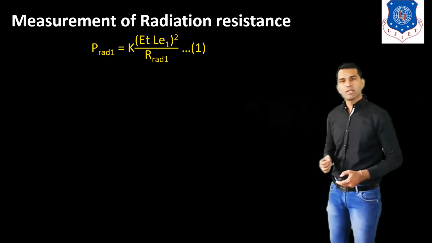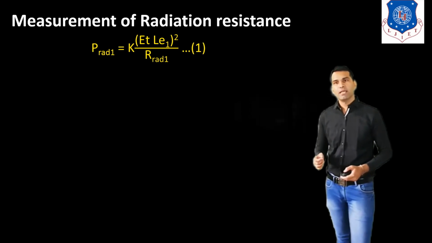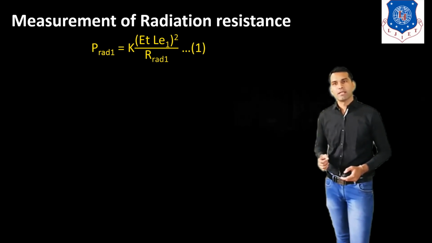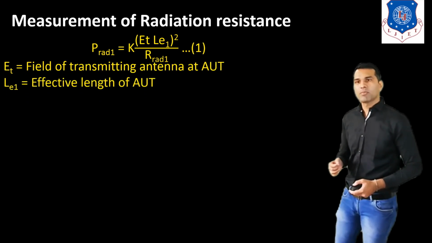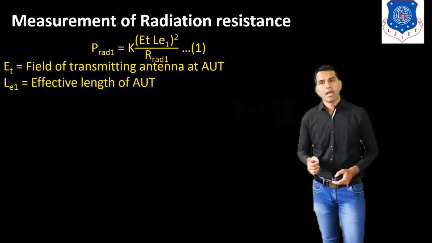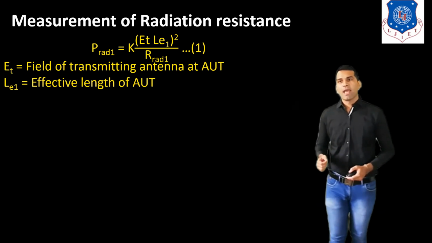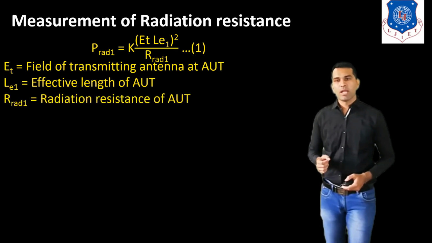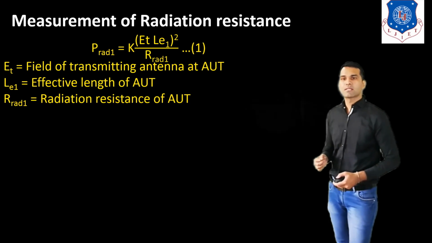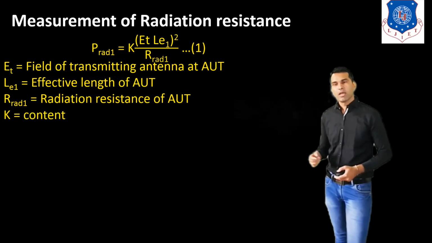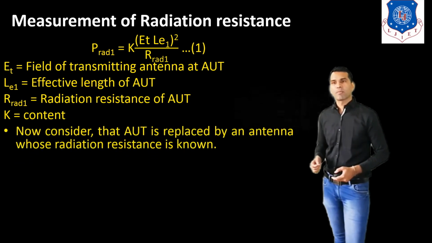P radiate 1 is equal to K ET LE1 squared upon R radiate 1. Here ET indicates the field of the transmitting antenna at the AUT, LE1 indicates the effective length of the AUT, R radiate 1 indicates the radiation resistance of the AUT, and K is a constant.